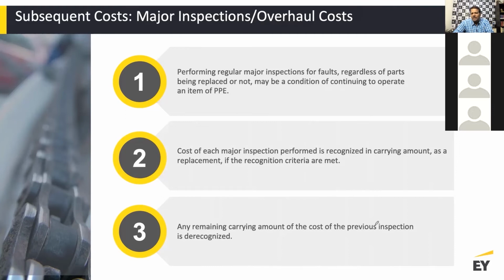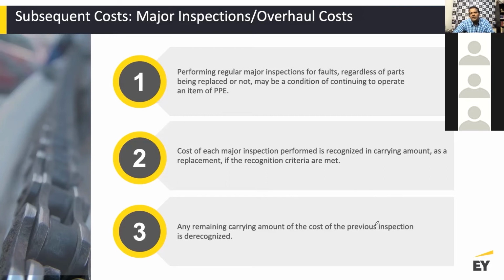As I explained, you got to look at the overhaul cost as a separate component, and then capitalize that component as part of the main asset itself. You need to determine how much amount to allocate to that component, and then reduce that amount from the main asset or the total cost of the asset. It's not an amount to be capitalized over and above the total cost you have incurred, right?